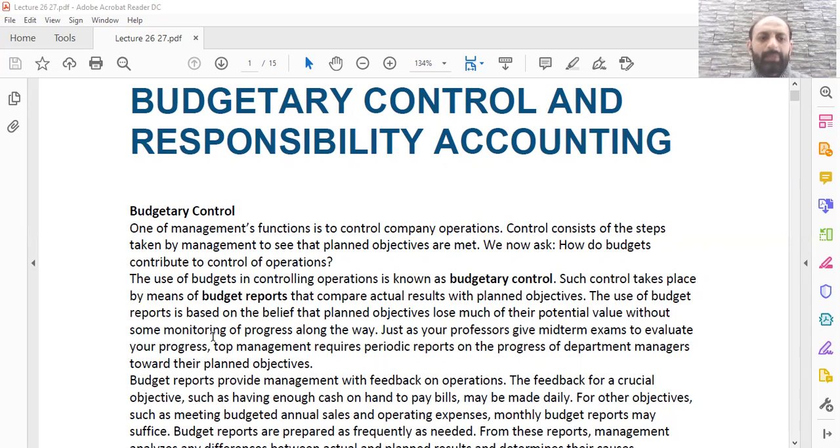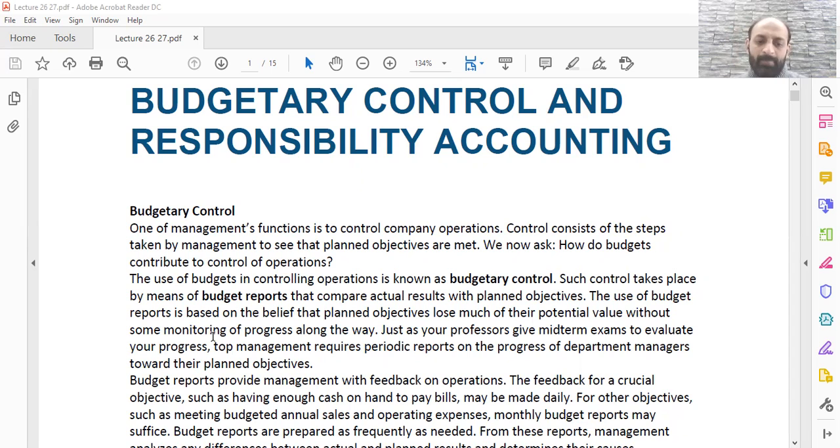The use of budget reports is based on the belief that planned objectives lose much of their potential value without some monitoring of progress along the way. अब होता ये है कि once you have made a budget of the sales figures that you want to achieve, and obviously in 1 year, we have 4 quarters.